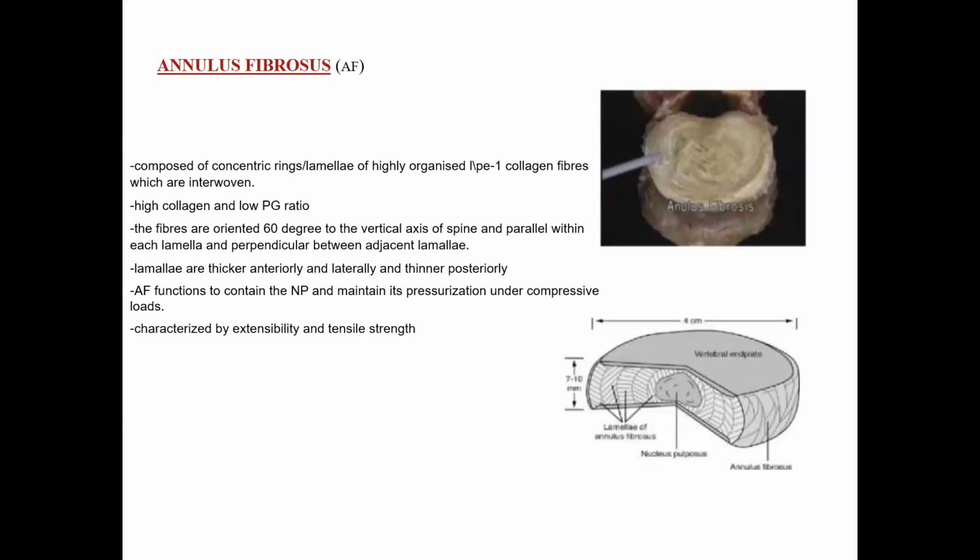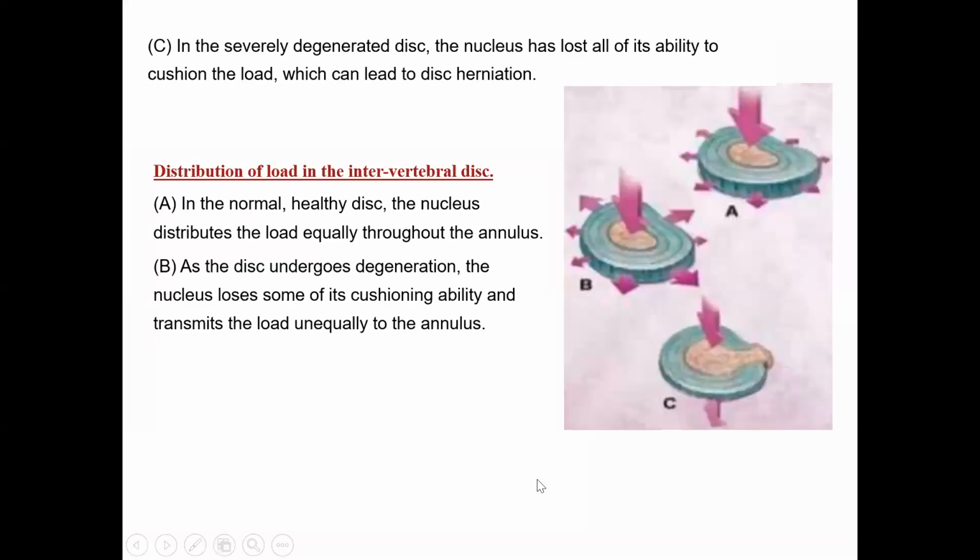It is characterized by extensibility and tensile strength. In the severely degenerated disc, the nucleus has lost all of its ability to cushion the loads, which can lead to disc herniation.